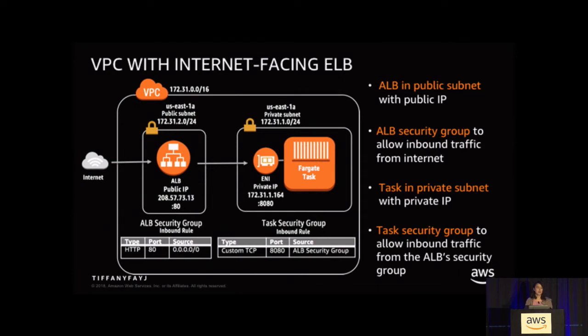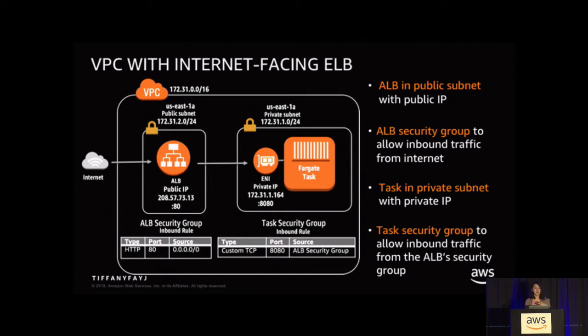With your load balancers, you have the option of either having them be internet-facing or internal only. Say you have an internet-facing ELB. That would be what I was just mentioning. You would have your public subnet, and with that subnet, you would have a public IP address.